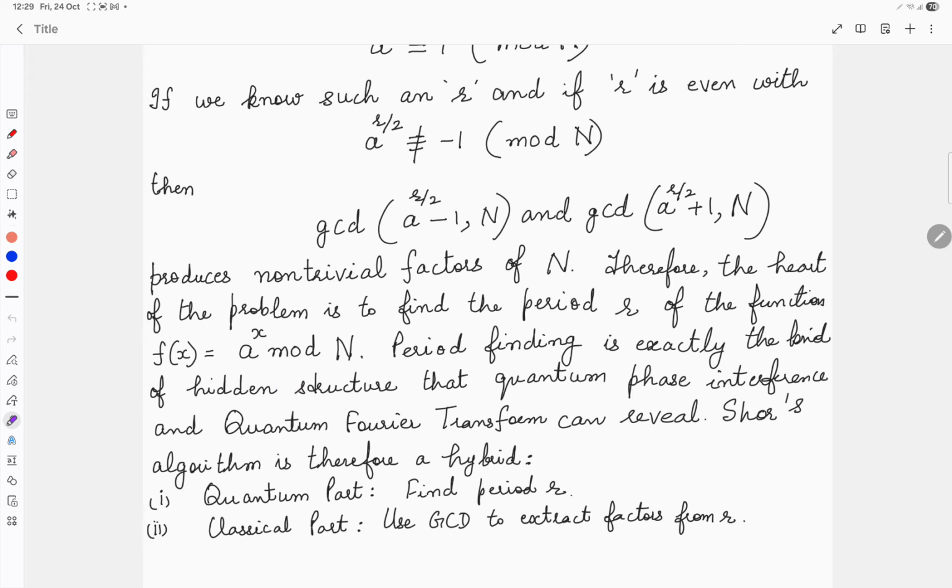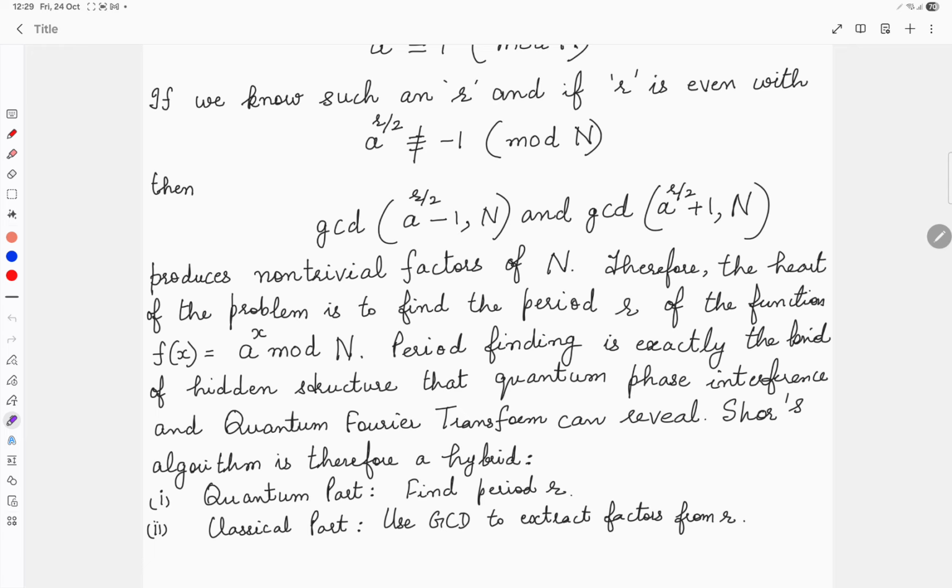So therefore, the heart of the problem is to find the period r. In Shor's algorithm, how it is able to achieve the quantum advantage over the classical algorithms is that we are able to find out the period r using quantum ways.